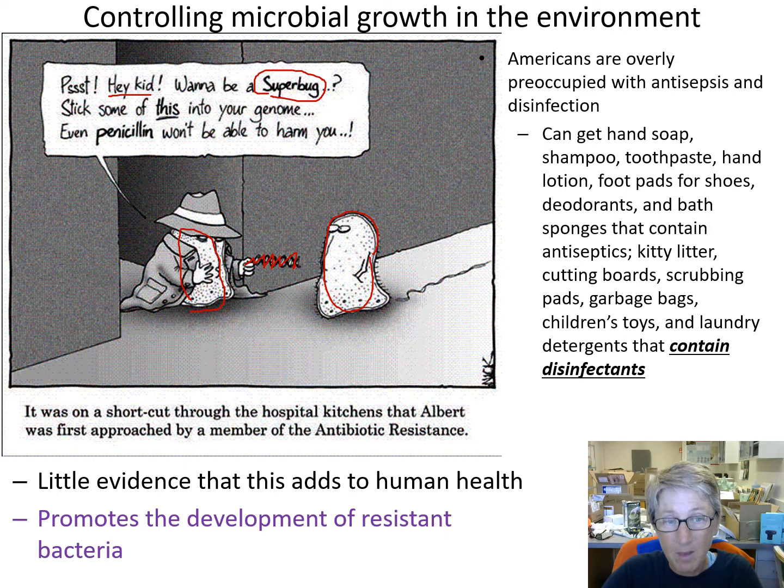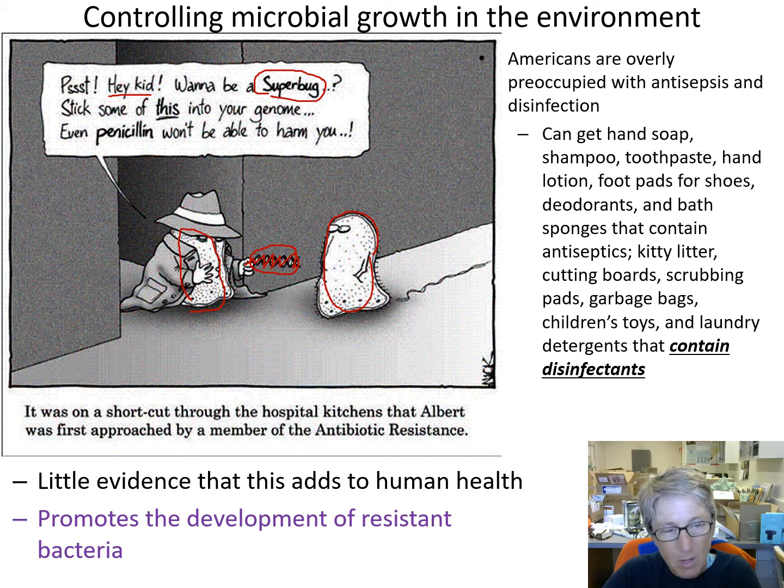Stick some of this into your genome. Even penicillin won't be able to harm you." So what he's saying is, take this piece of DNA, a plasmid, stick it in your DNA, and then you can make proteins that will help you evade penicillin.